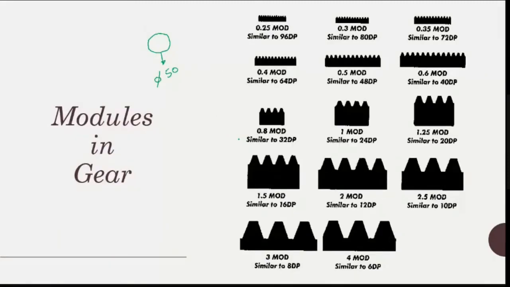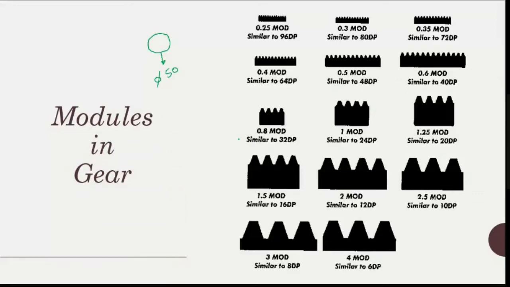Sir, yesterday you told that if you want to mesh two gears, they should have the same pitch. So is that enough, or should they have the same module also? This is related. Mostly they will consider module.